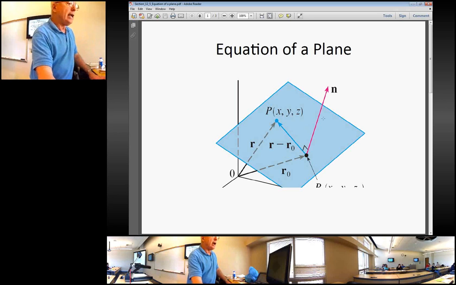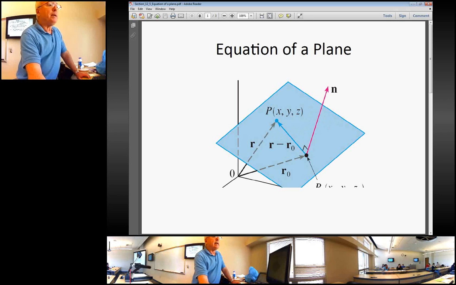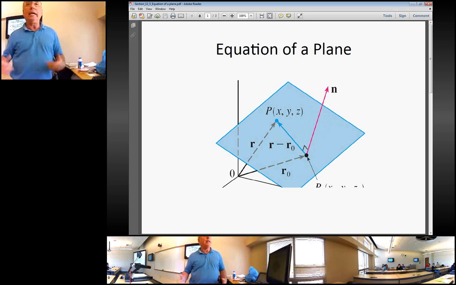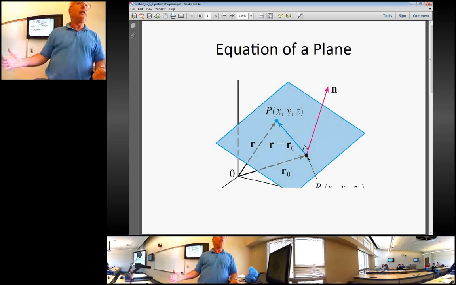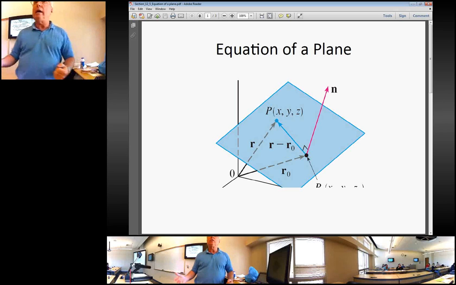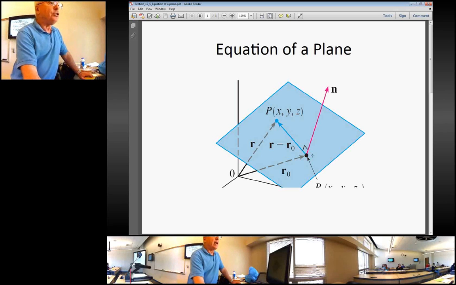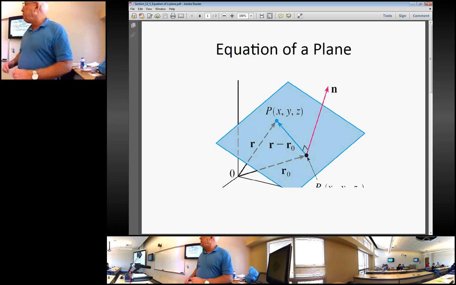So we see a right angle right here between the red vector and the plane. Now, let's pick a general point on the plane, and that is this blue dot right here, any other point on the plane, x, y, and z. If we have a direction or displacement vector from our single point to any point, we can draw an arrow from one point to the other, and that in this case is a blue arrow.